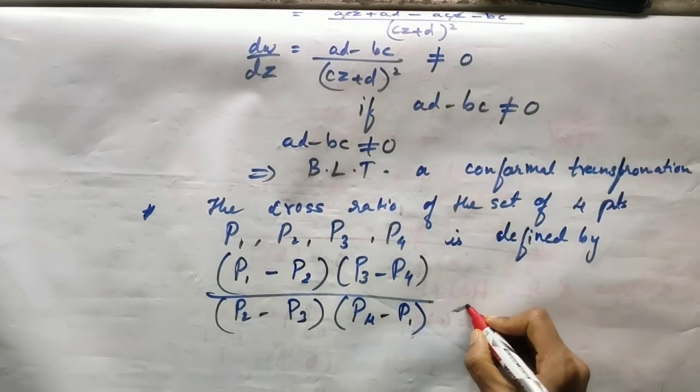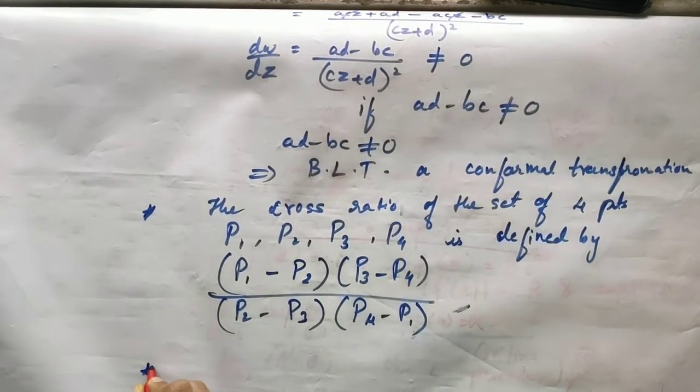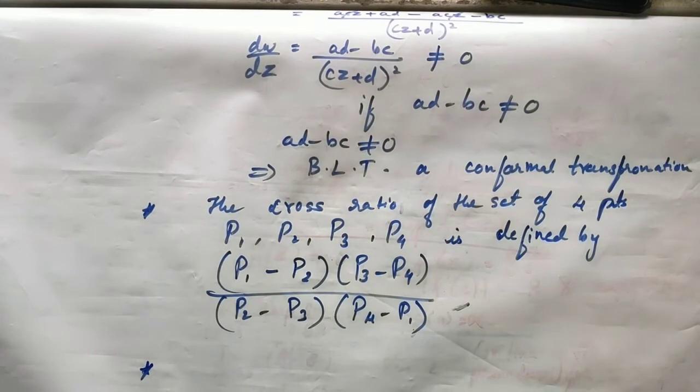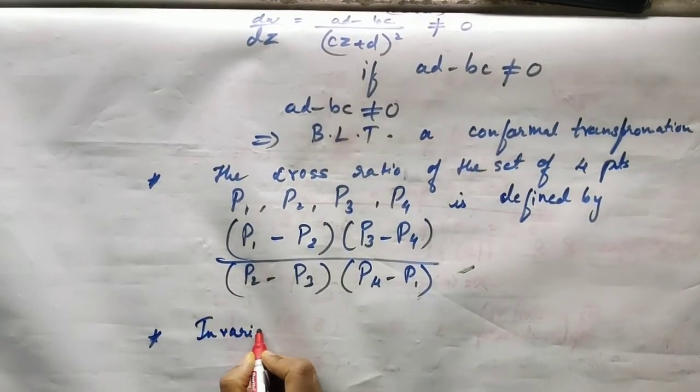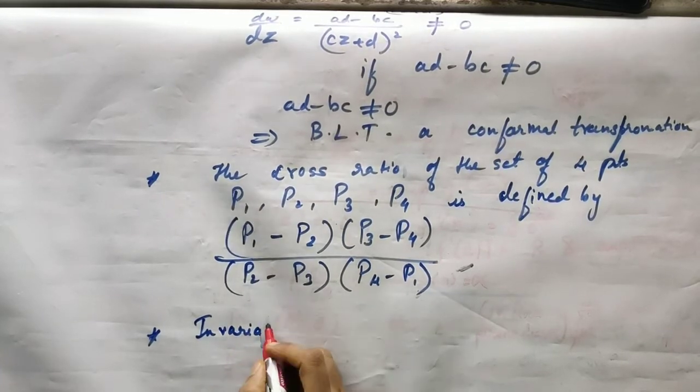In BLT. Hence after this we have another important point, that is called invariant points.